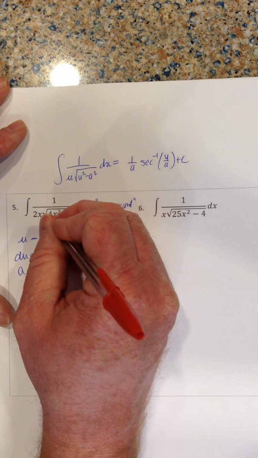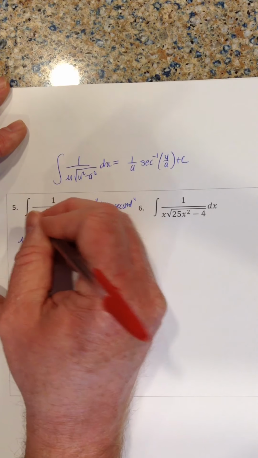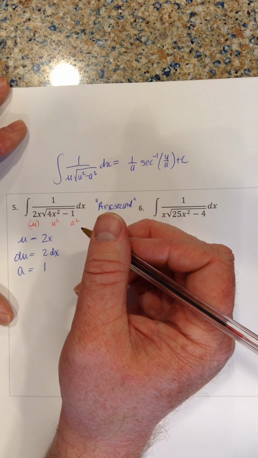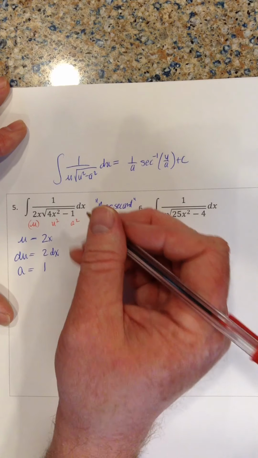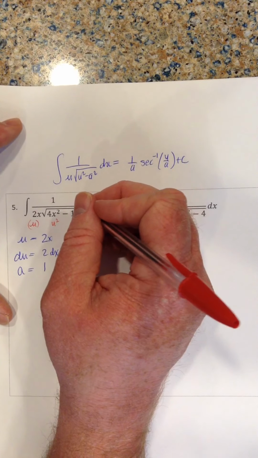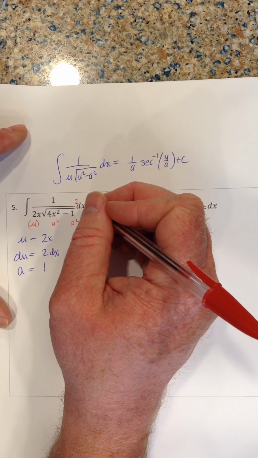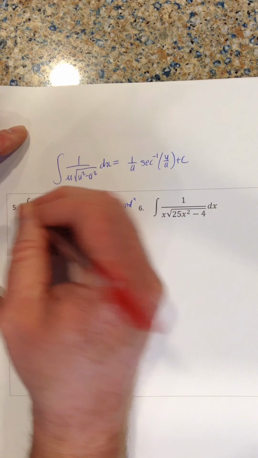So that's a squared, that's u squared, that's u. And I need a 2 there, so that means I need a 1/2 on the outside.